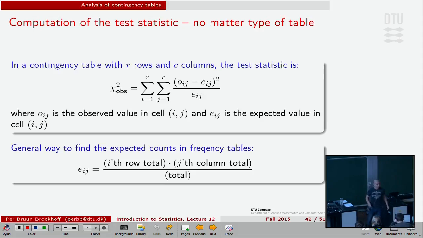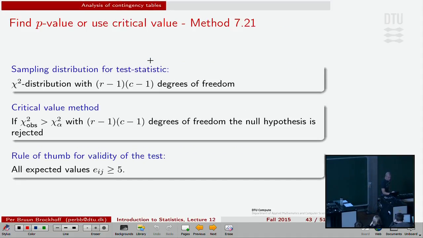I compute all the expected ones, R by C, and I put them into the chi-square statistic formula, comparing observed with expected. And I use a chi-square distribution with these degrees of freedom, because theory tells us that's the right one to use: number of rows minus 1 times number of columns minus 1. See how nicely, if there are 2 rows, this becomes number of columns minus 1. If there are 2 rows and 2 columns, that's where we exemplified it, it's 1 times 1, chi-square with 1 degree of freedom, as we saw in the example.